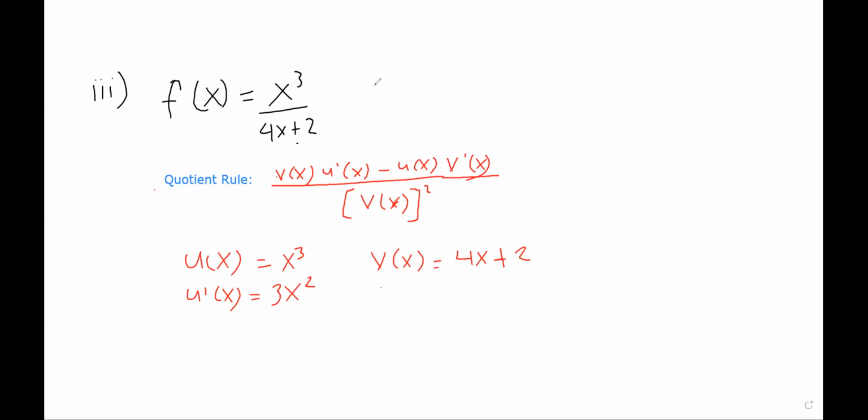And then v prime, or the differential of v, same thing again. Carry down the 1, minus 1 from the power, and we'll just be given back 4, and the differential of a whole number is just going to be equal to 0. We don't need to put that back. So now that we have all our values, the only thing we need to do is plug and chug.